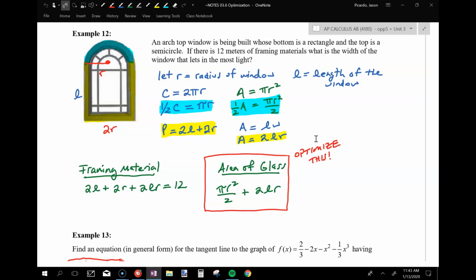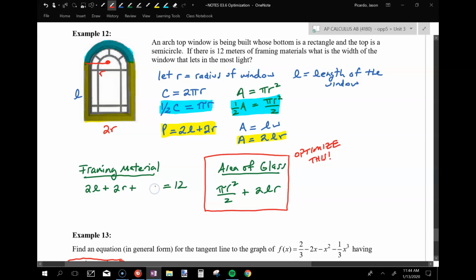So what does my framing material require? It requires this plus, I wrote the wrong thing. 2L plus 2R plus pi R equals 12, right?